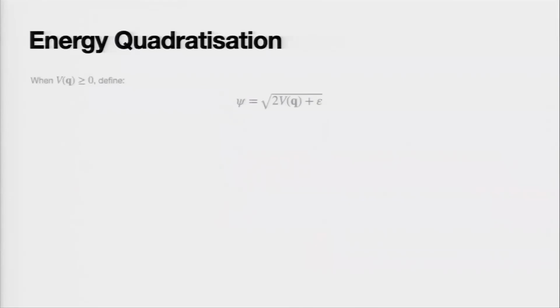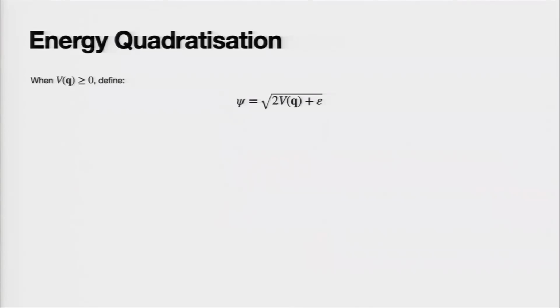So this is probably the most important slide of today's talk, so I'm just going to spend some time explaining it. The whole point of the numerical method that I'm going to describe later is energy quadratization. So we have this constraint that V is non-negative.